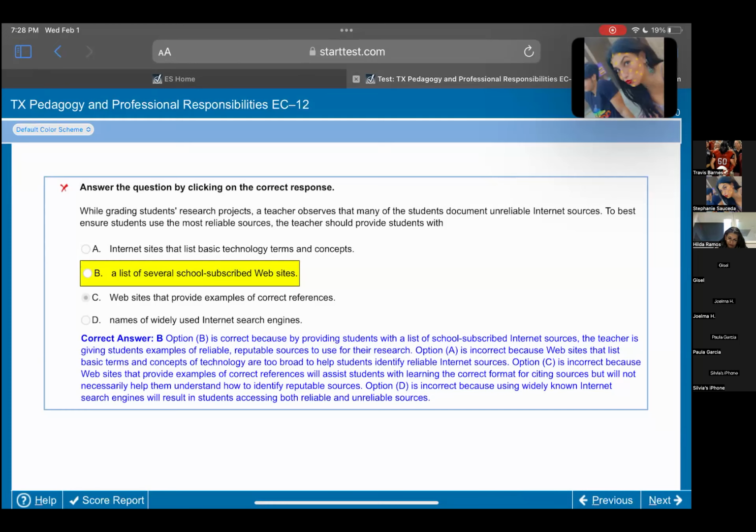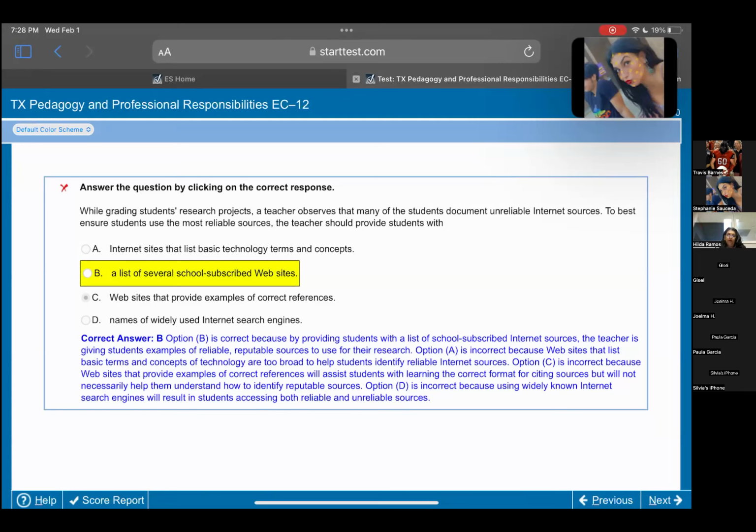In order for them to learn how to ascertain what's credible and not, we begin immersed in credibility, in the safety of the district intranet, in the safety of the school subscribed sites that provide reliable resources for our students to learn and use.